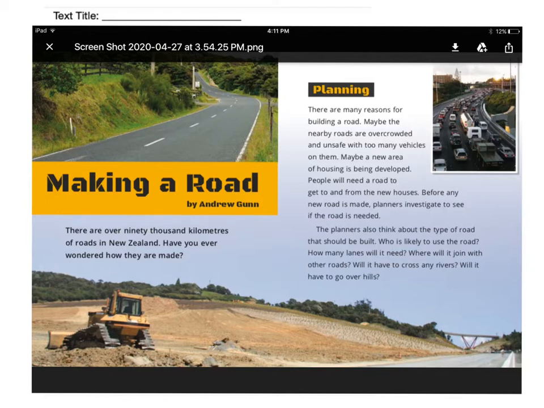My first question is, why are roads made? And here it starts to tell me the reasons. It says roads might be overcrowded. Maybe there's a new area of housing being developed, and people need a road to get to and from the new houses.